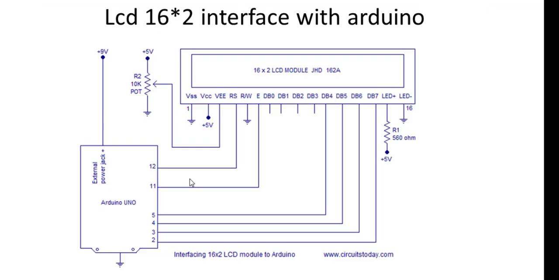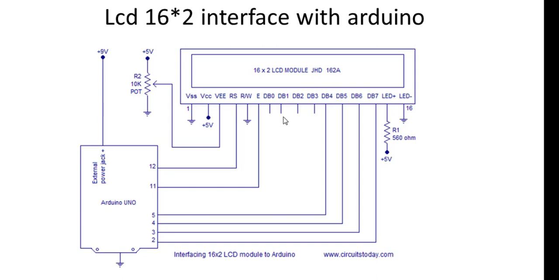You can see the connections in the LCD: the first pin should be connected with ground, the second with 5 volt, then the third is connected with a potentiometer, which is contrast control. The RS pin should be connected with pin 12, this one should be ground, and then this one should be 11. These other pins are for controlling the brightness, the backlight.